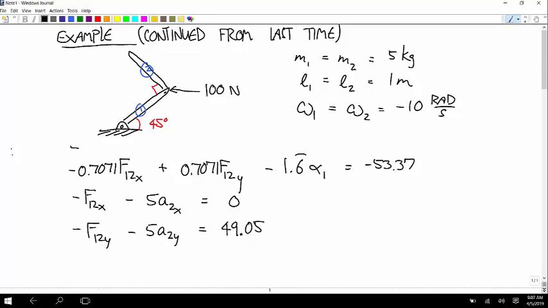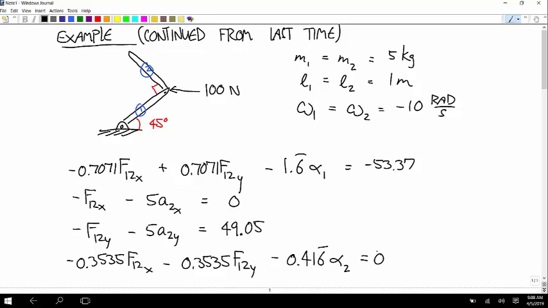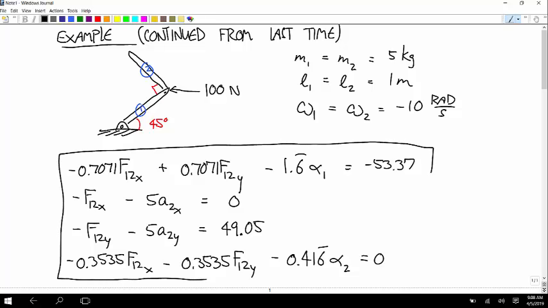And then the moment equation says negative 0.3535 F12x minus 0.3535 F12y minus 0.416 repeating alpha 2 is equal to 0. Those are our four equations after we're done with Newton's laws.